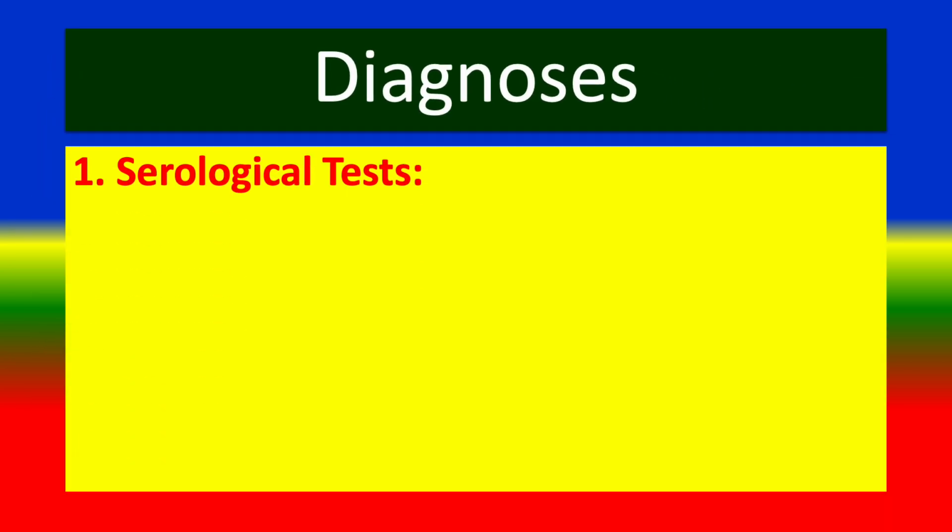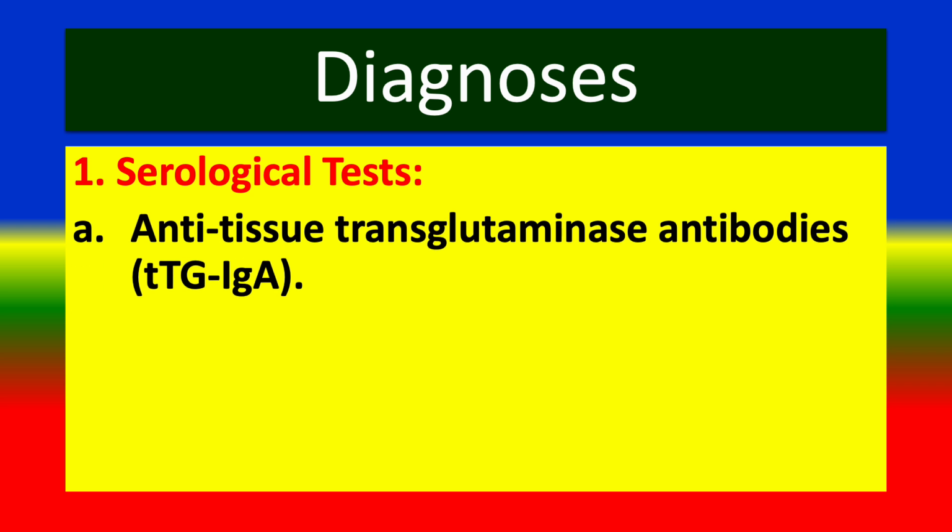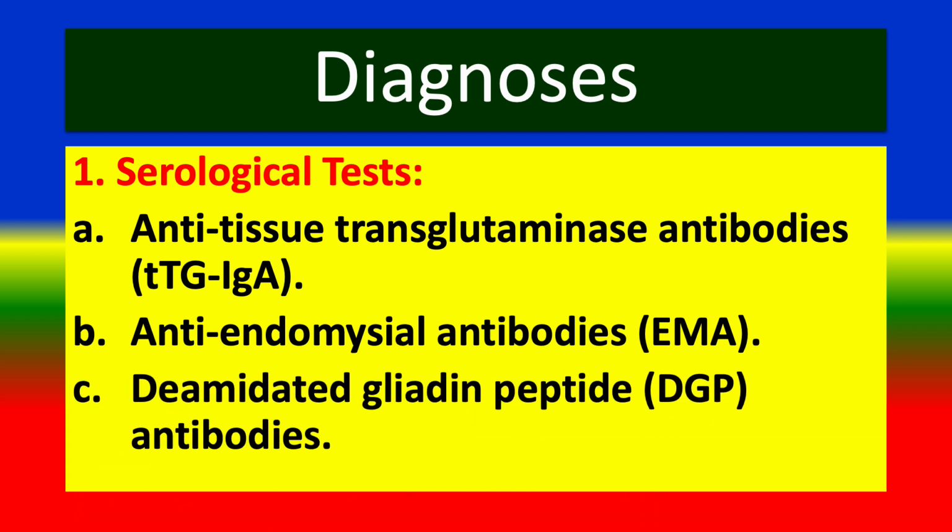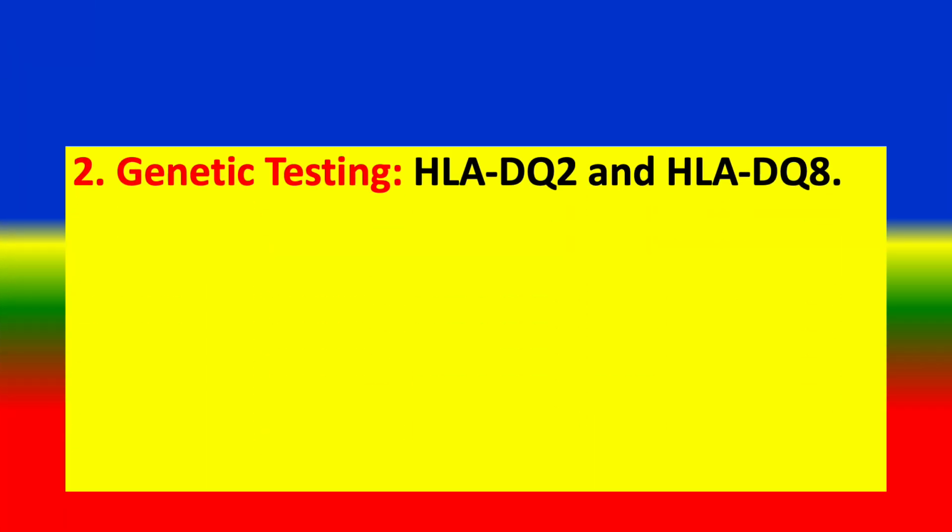Diagnosis. 1. Serological tests. A. Anti-tissue transglutaminase antibodies. B. Anti-endomysial antibodies. C. Deamidated gliadin peptide antibodies. These are the serological tests. 2.